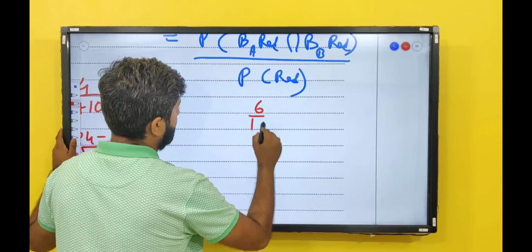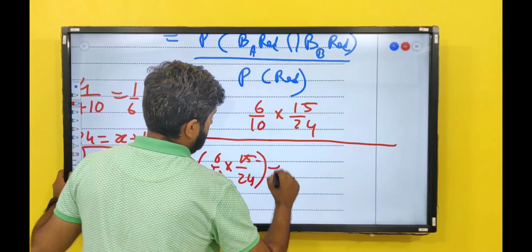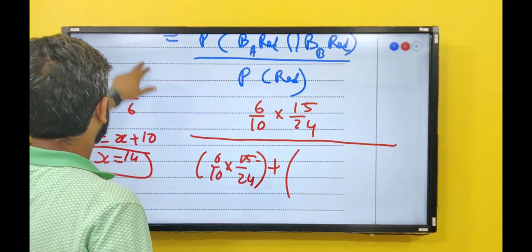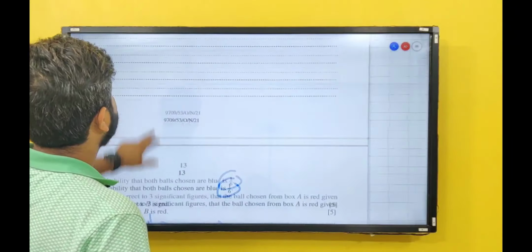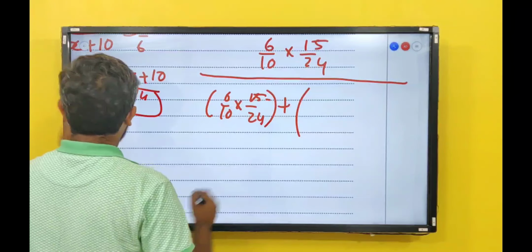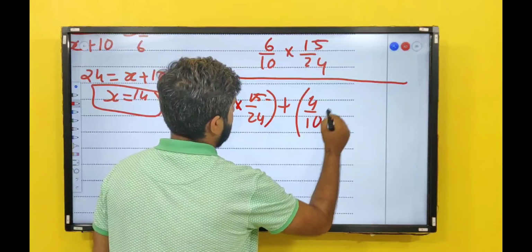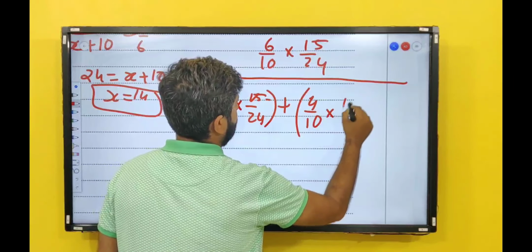So 6 by 10 into 15 by 24 plus first is blue, which is 4 by 10, into 14 upon 24. Let me solve this, guys.